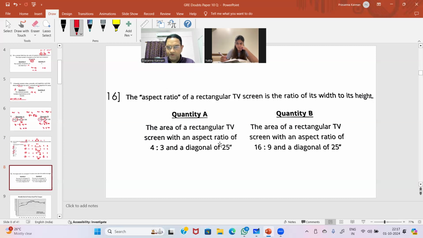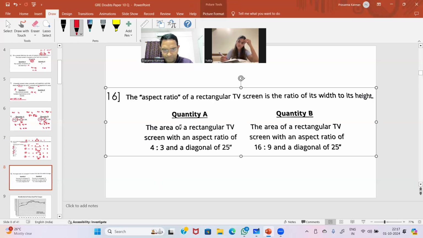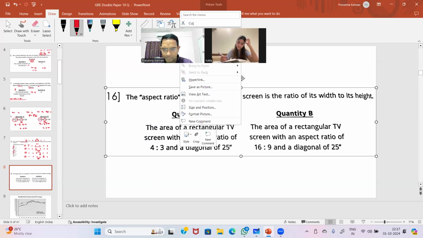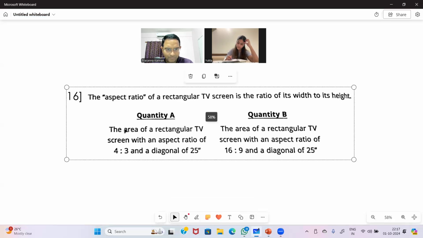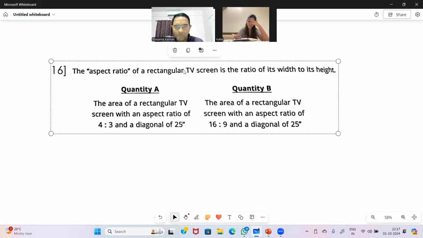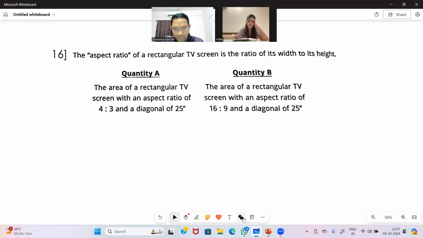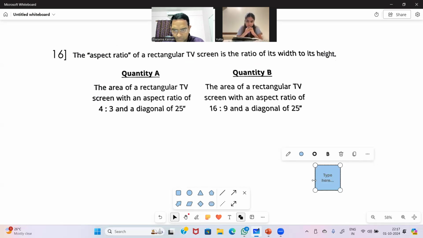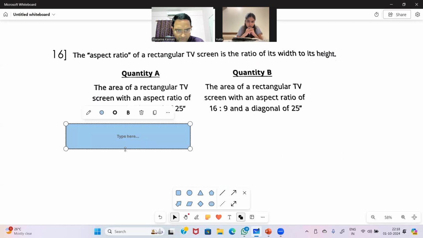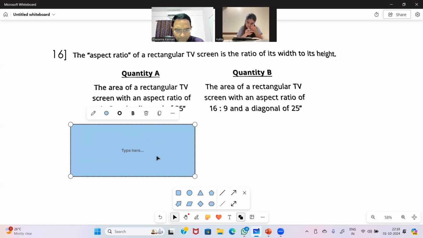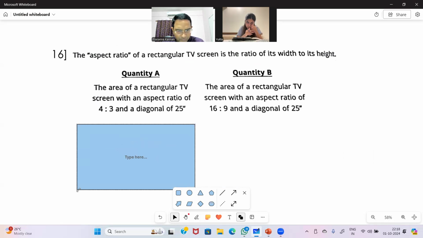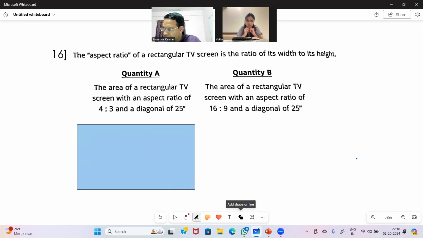Right. So if you see, now let's say the width of the TV is 4x. It's 4:3, right?